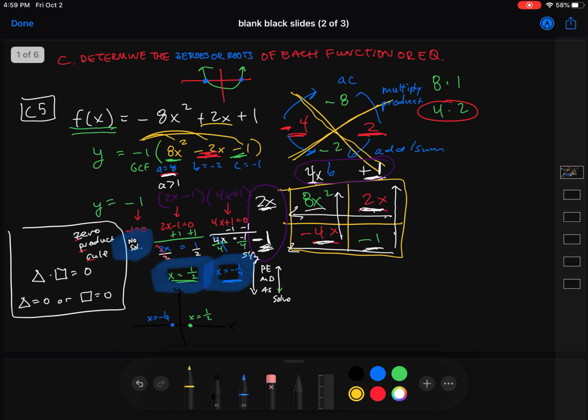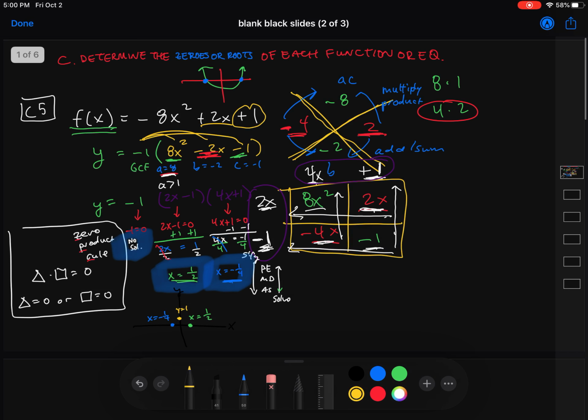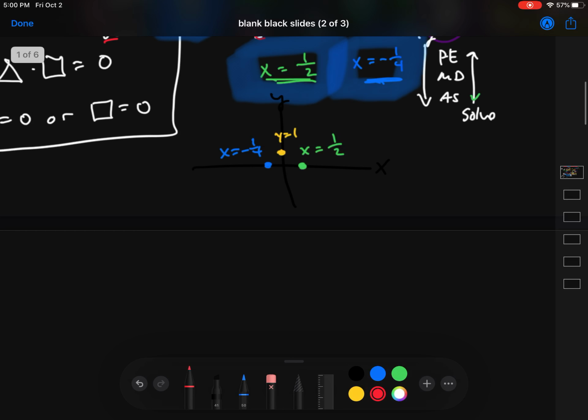Your c value in the original problem is a +1, so that is y equals 1. And then your graph is a negative, right? Which means that it faces what? Down. So these are all the puzzle pieces. Okay? Hopefully that gives you an idea of how to do that problem.